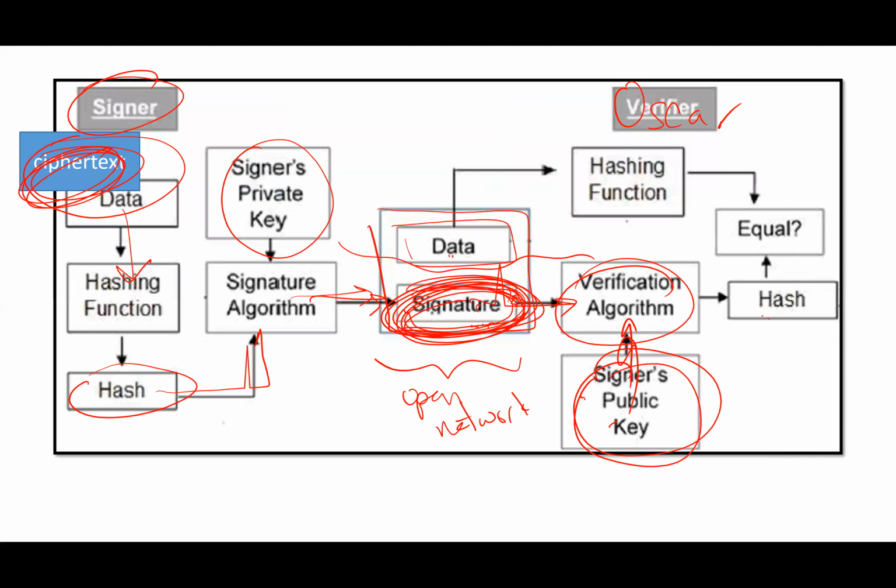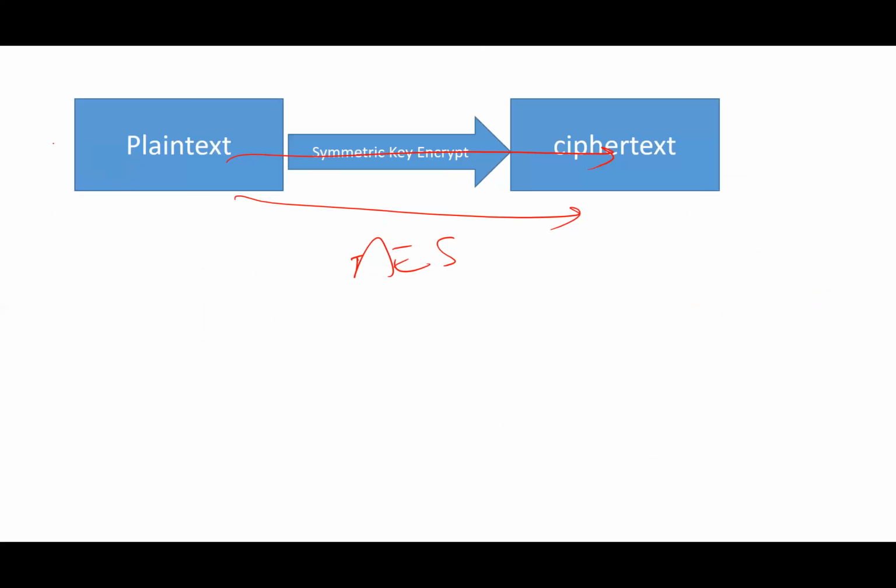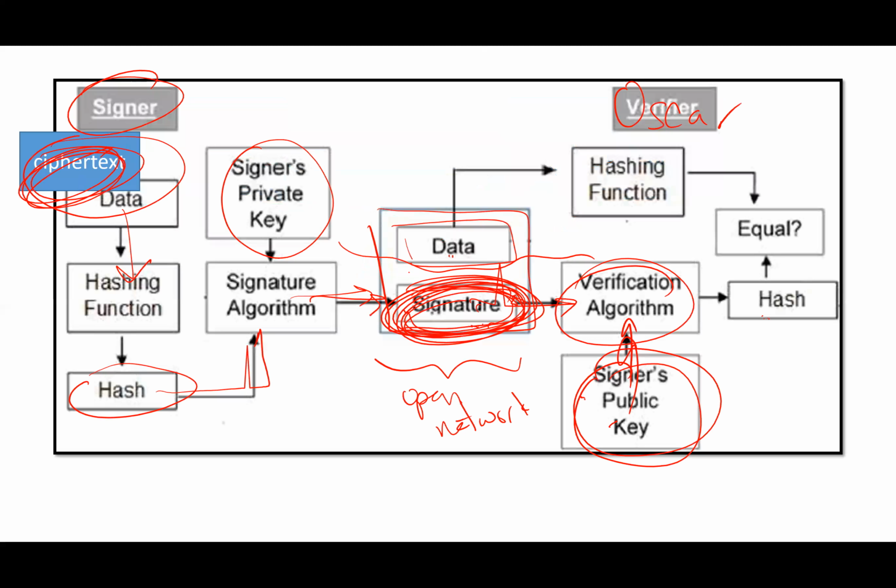So I take my original plain text, I encrypt it using AES, I feed it to the hashing algorithm, I get the hash of it. The hash of it will be encrypted using my private key, and that would generate my digital signature. I will send the digital signature and the ciphertext over the open internet, okay?